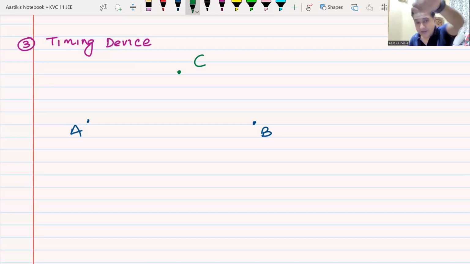So we need to have a timing device. This is the third tool that we need to study the motion. I have a timing device, and with this timing device, you are going to time things. Time will normally start from 0.